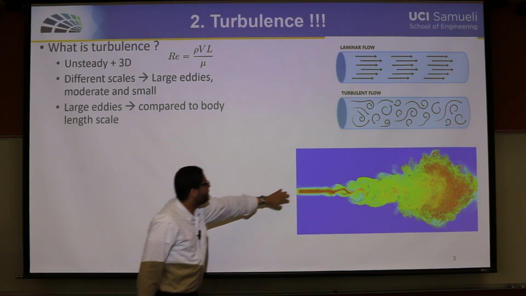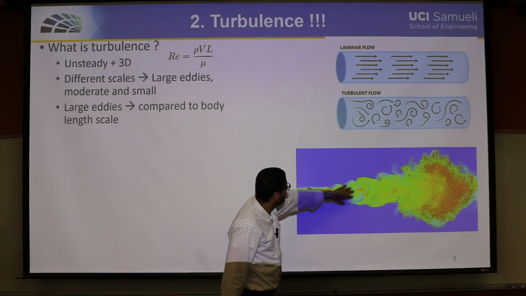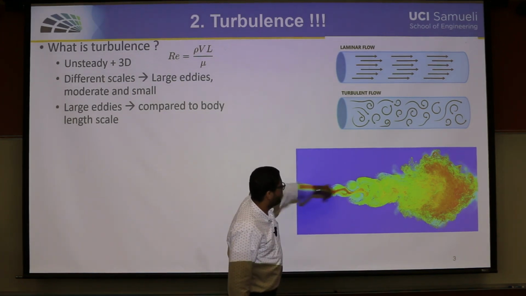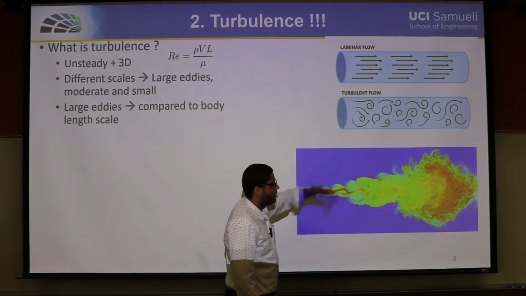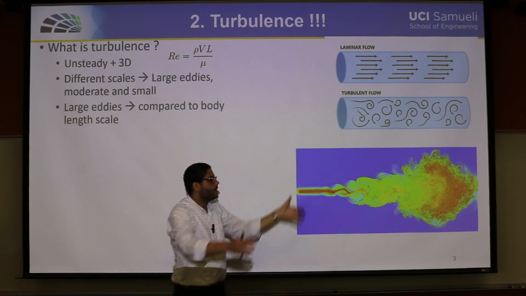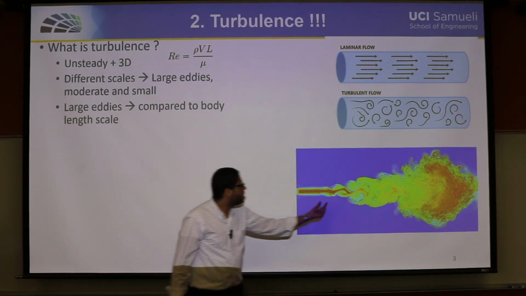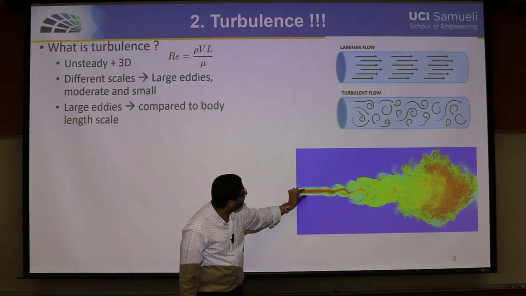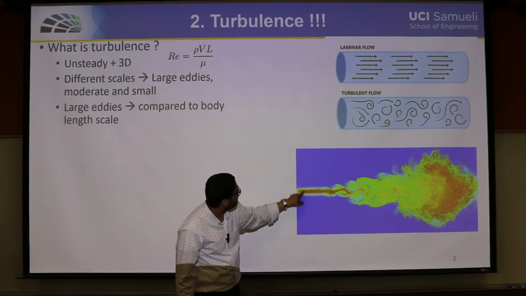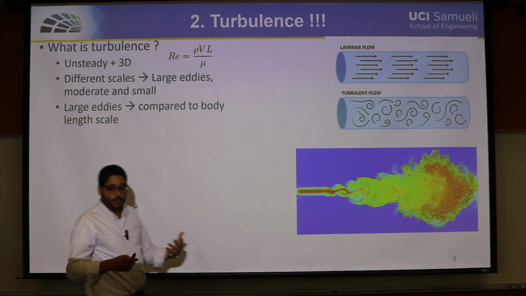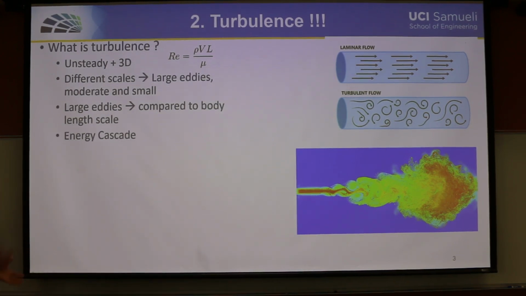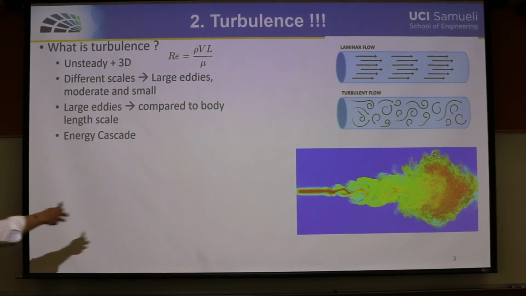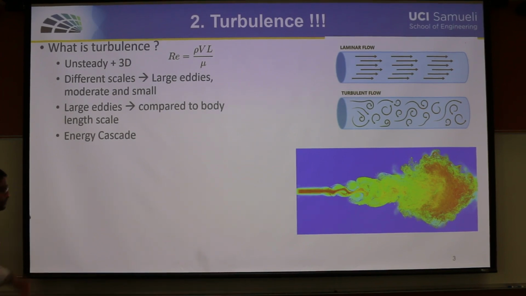And for a free shear flow, in this example, a jet impinging in an open atmosphere, you will see that the sizes of the large scales are of the order of the diameter of that jet. So most of the time, the large scales are of the order of your body or the flow field.